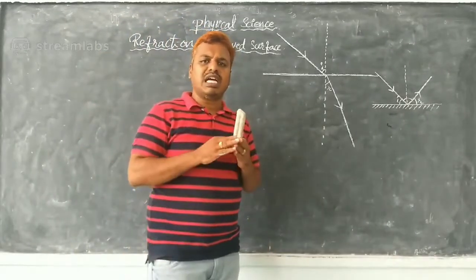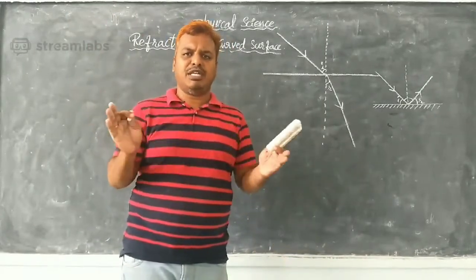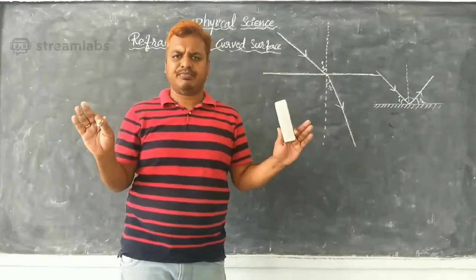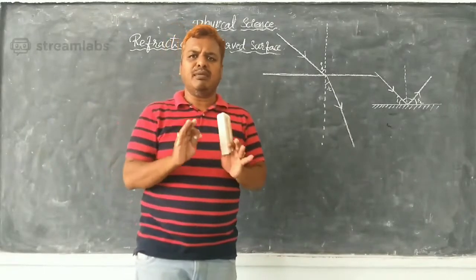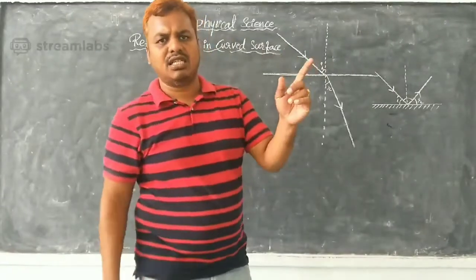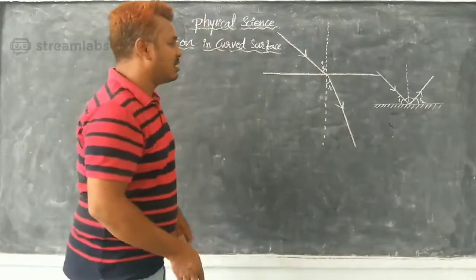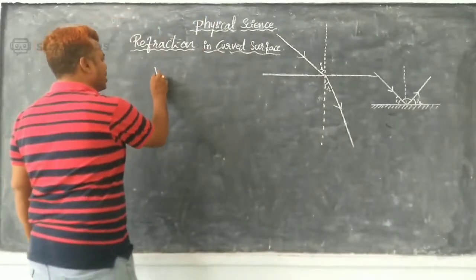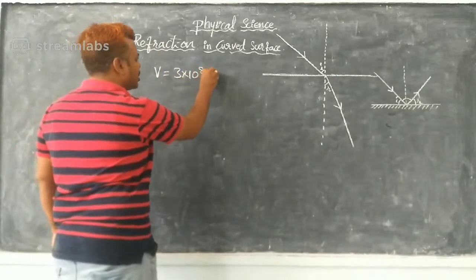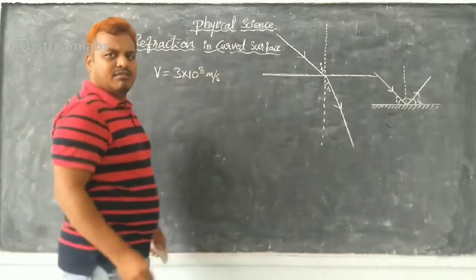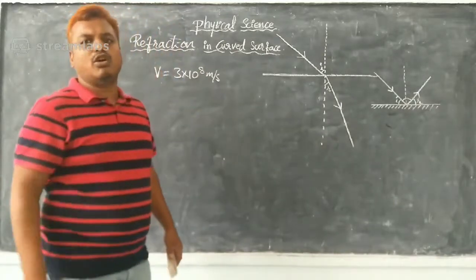Space does not have any medium, it is completely zero, so light travels very fast in space. Light travels with a velocity of 3 into 10 to the power of 8 meters per second. Within a second, light travels 3 lakh kilometers.